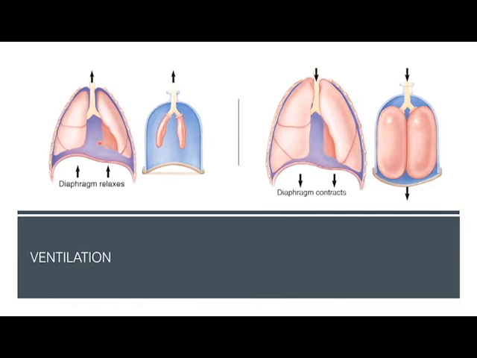Now, this is normally a passive process, but it can be an active process as well. We can forcefully exhale if we want. But with that being said, normally when we exhale, we have a residual amount of air in our lungs, between 250 to 500 milliliters, which is also why when people do compression-only CPR, they're actually able to circulate that remaining volume of air, and there is some oxygen in that, which allows us to put off airway for a little bit as a layperson.